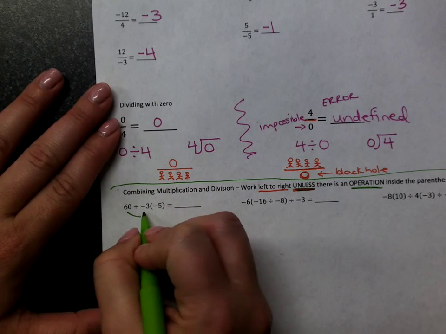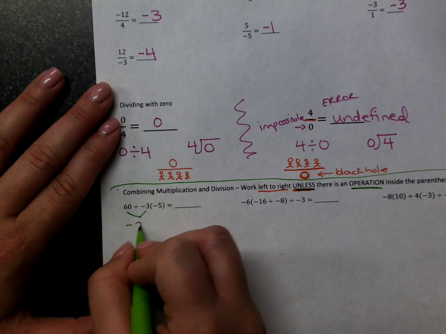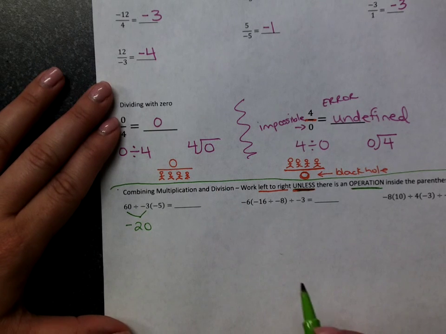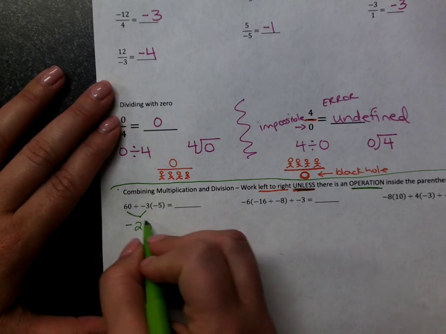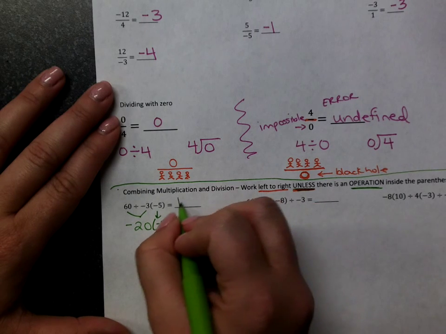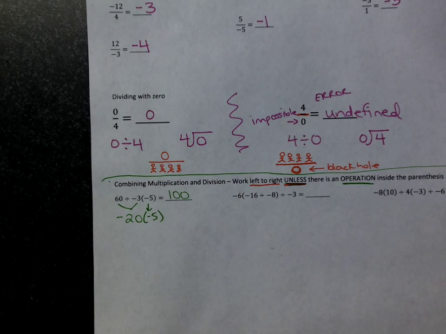So we're going to do 60 divided by -3 first, which is -20. So we're going to work left to right, and you have to be very careful with this. Then with the -20, we'll bring down multiplying by -5, and the answer is positive 100. If you do that wrong, your answer will be totally off.